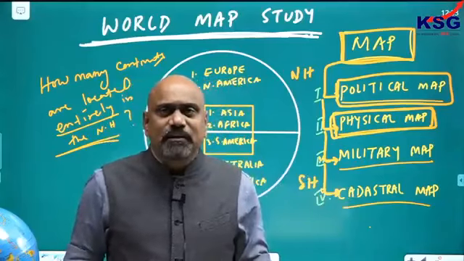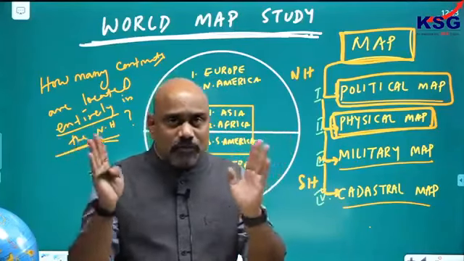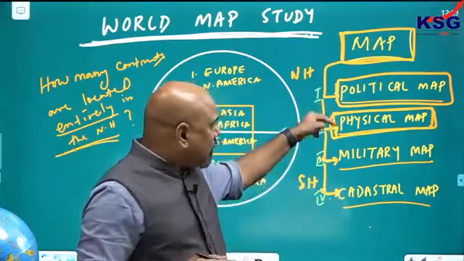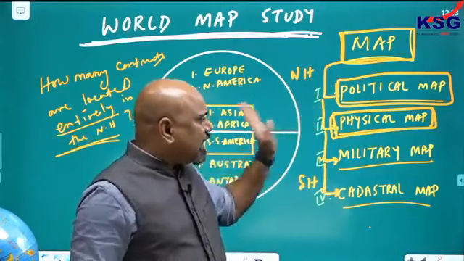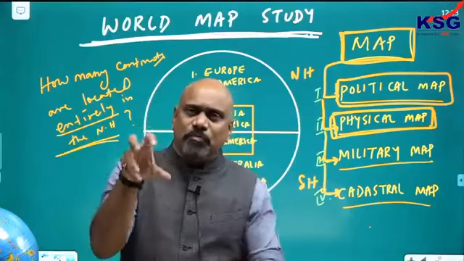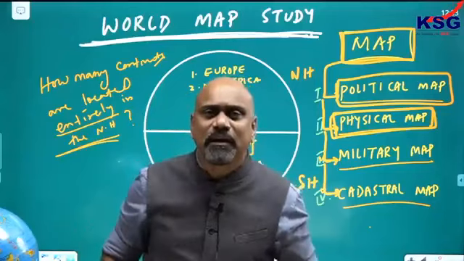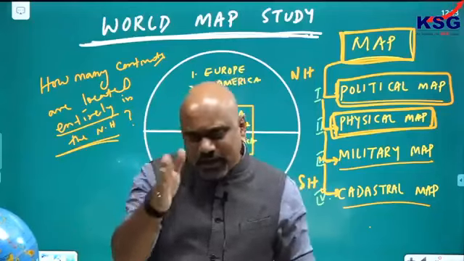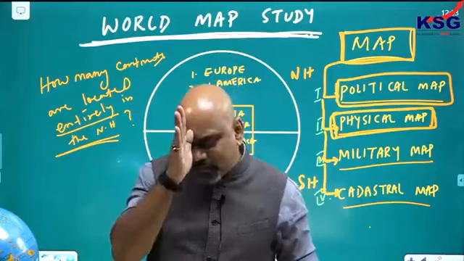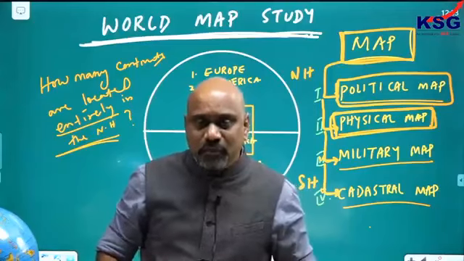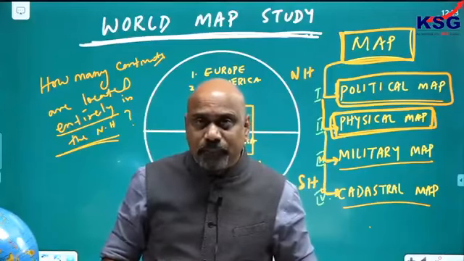Military map, I said, is a convergence of political and physical map. Whatever most important information is required for your military movement, that is needed. One is direction should be correct, direction is correct in most of the cases in a military map, because troop movement will be there.